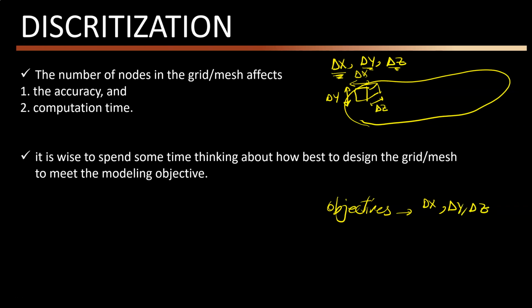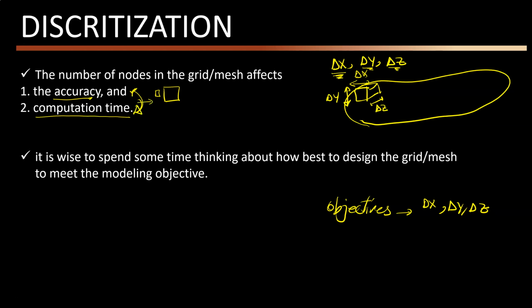But you need to know that most of the time, if your cells are smaller, meaning smaller delta x, delta y, delta z, technically you increase your accuracy, but on the other hand, you increase the computational time. Okay, so you need to compromise. It's a trade-off.